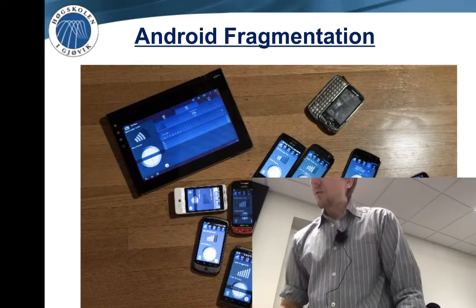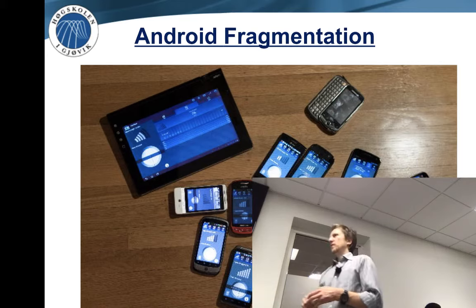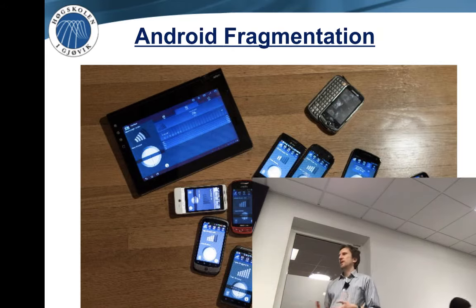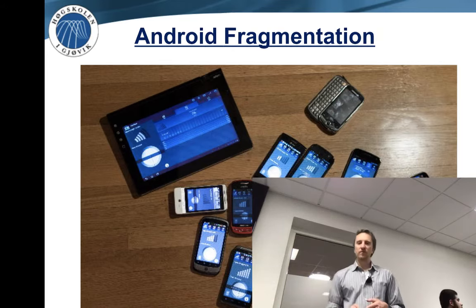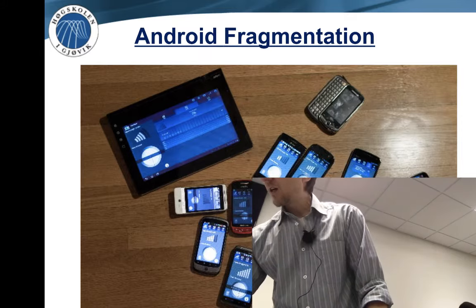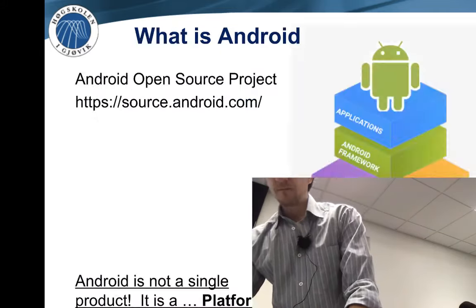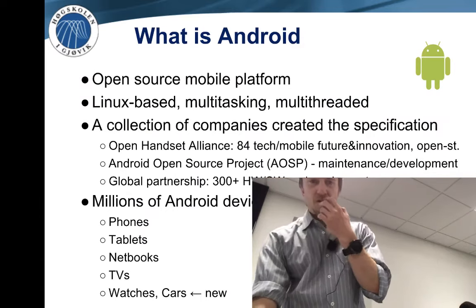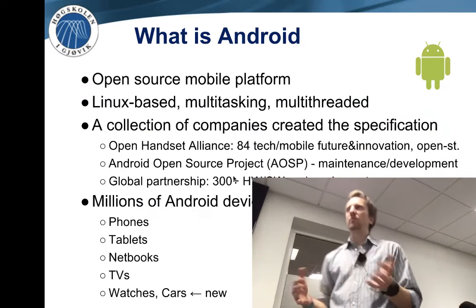All right, so because Android is a platform, you have a huge fragmentation. As the previous slide was showing, you have over 300 hardware and software manufacturers.